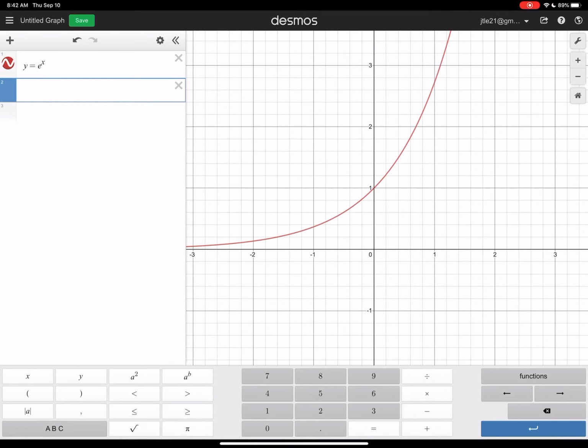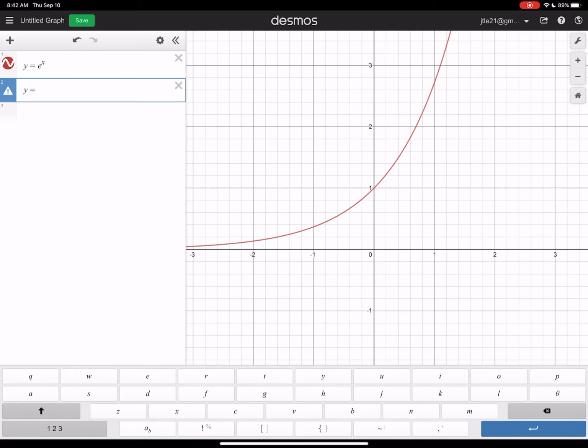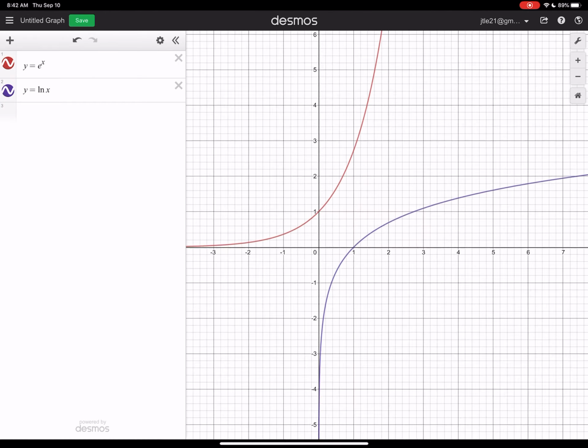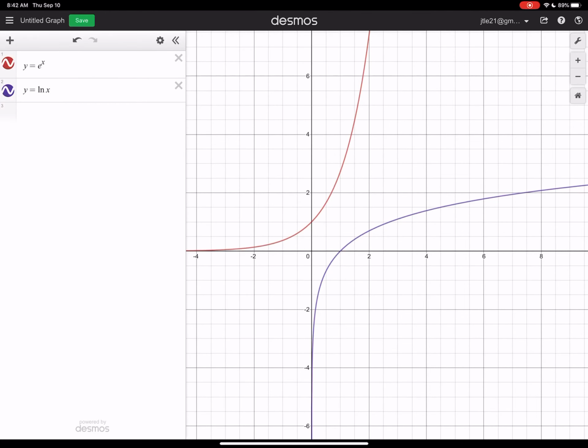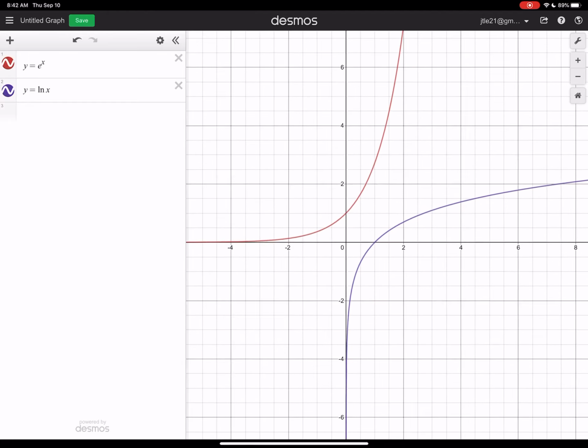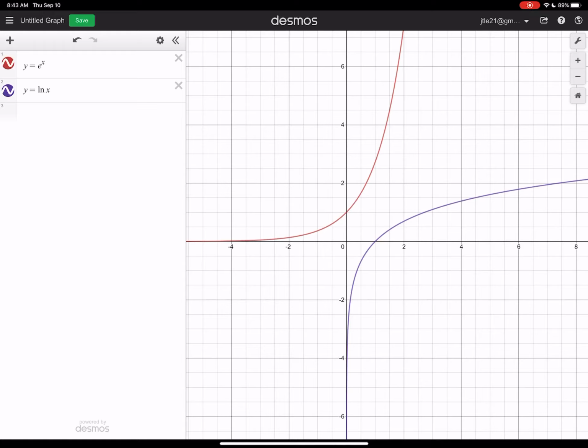So its inverse, or the opposite of exponentials, is natural log. So I'm going to go ahead and type that out. Take a look at its behavior. What do you guys notice about e to the x and the natural log of x? Pause and play when you're ready.